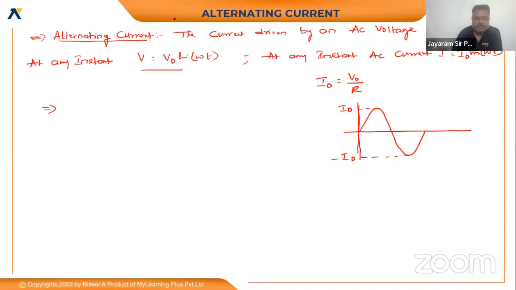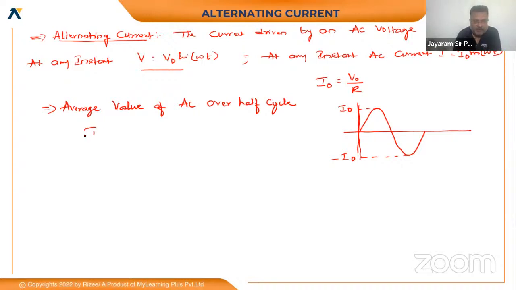Since it has been changing continuously, what is the average value of AC over a half cycle? Because for a complete cycle the average value will be equal to 0, we calculate over a half cycle.